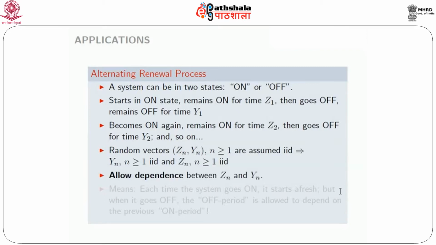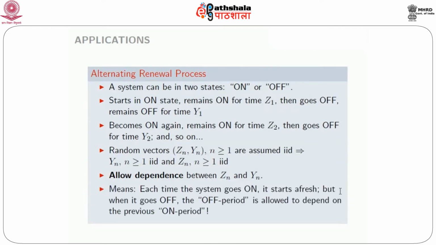There may be dependence between Zn and Yn, and in many applications there would be. So what it means is that each time the system goes on, it starts afresh, with no carrying over of any previous information. However, when it goes off, the off period is allowed to depend on the previous on period.